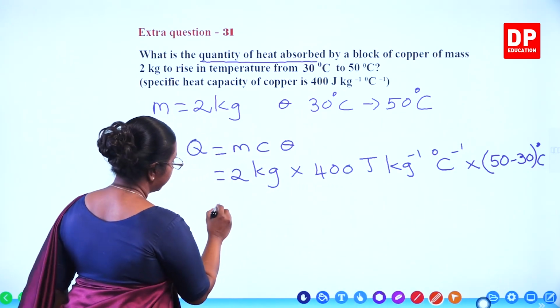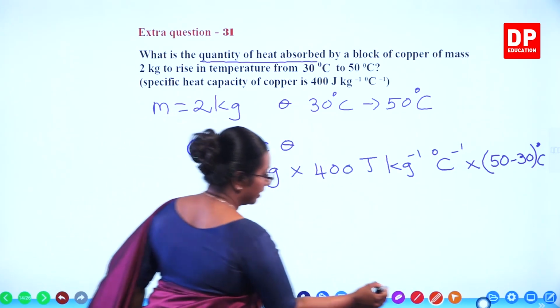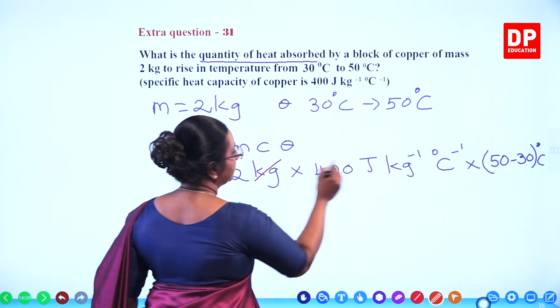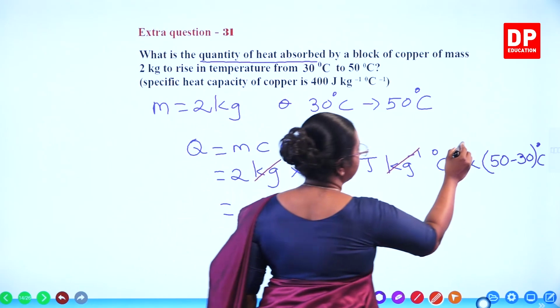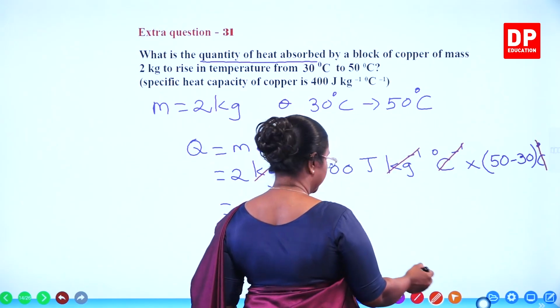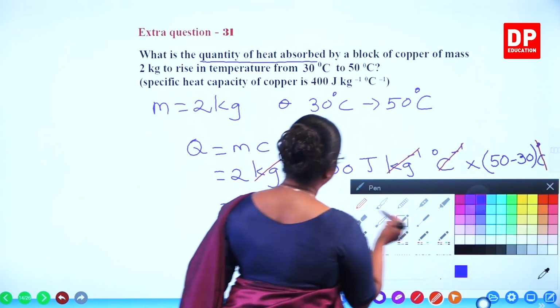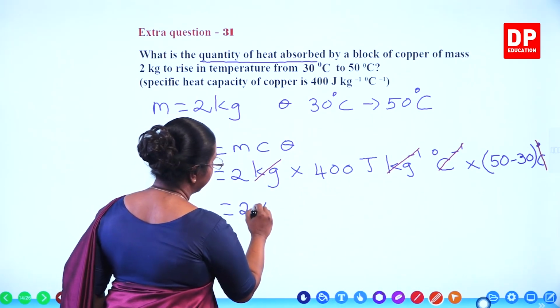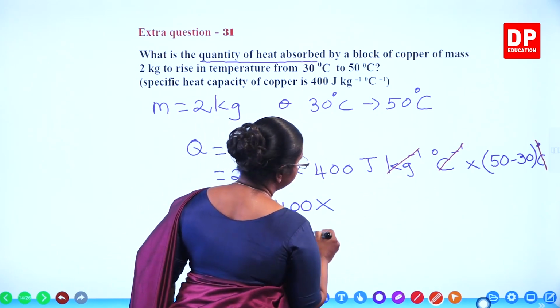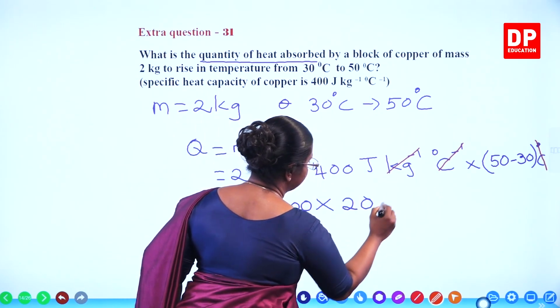So then if we simplify that, we can cancel off certain values. You know that kilogram minus 1, then degree Celsius minus 1 and degree Celsius. So you will have the values as 2 into 400 into 50 minus 30, 20.